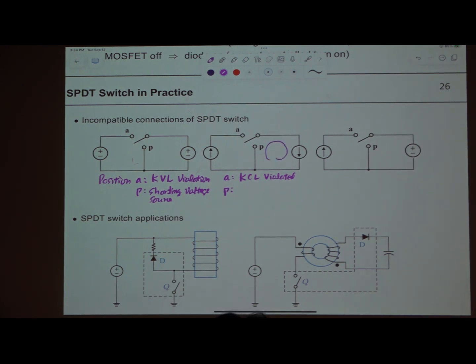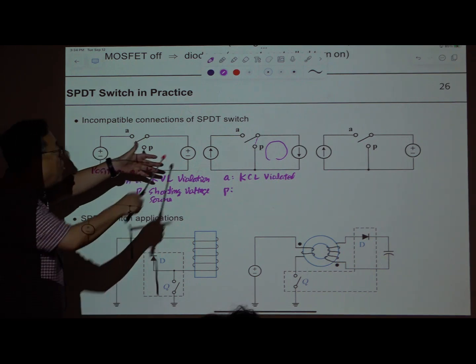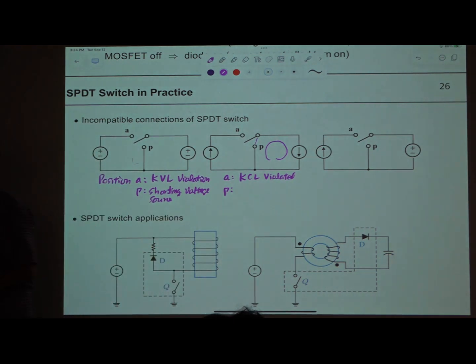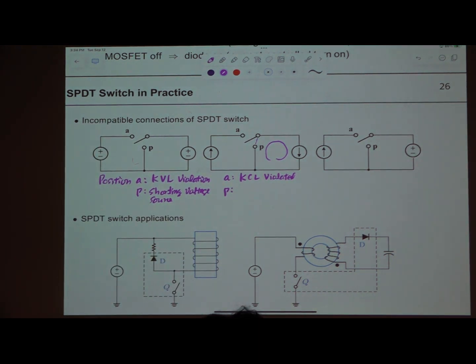But this current source is opened, okay? So you should have a path to maintain this current flow. So the current source is opened. That is also a problem. So it's not working.